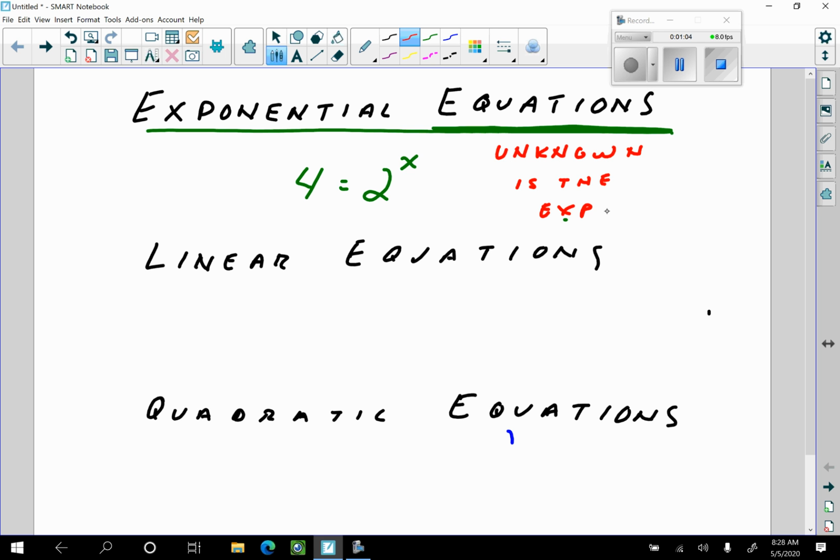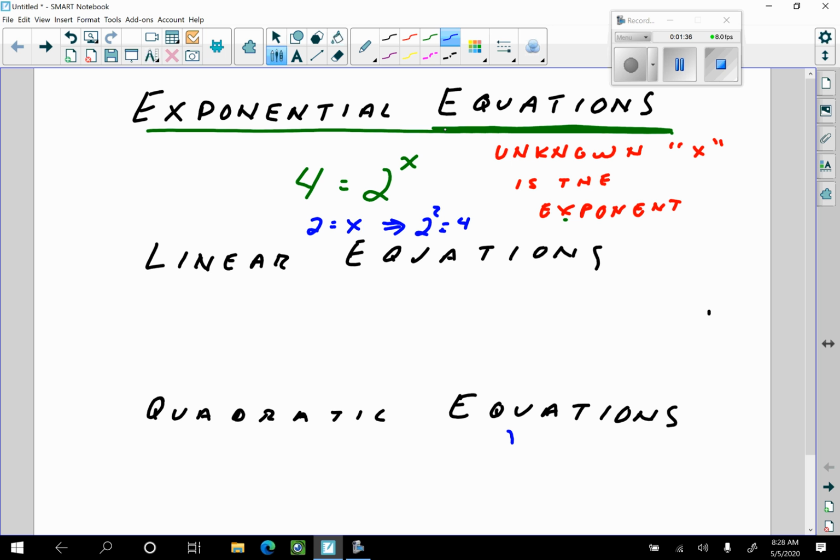That's why they call it an exponential equation. We all know what x would be here. If 4 is equal to 2 to the x, it's clear that 2 is equal to x. Why? Since 2 squared is equal to 4.